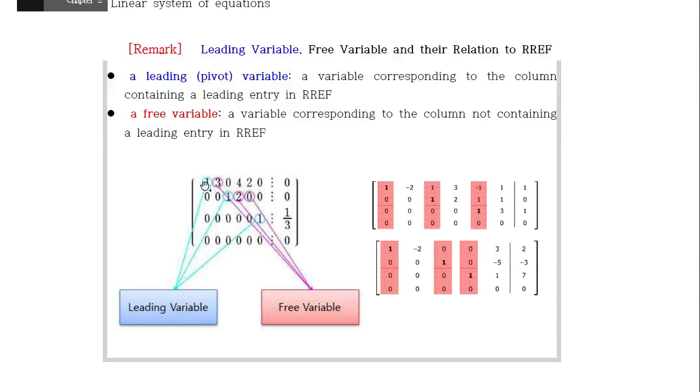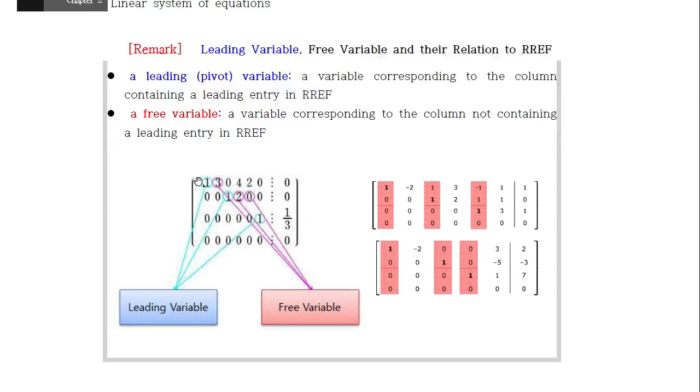For example, here in the columns 1, 2, 3, 4, 5, 6, these are the corresponding variables. Here these three are related to the leading variables, but there are three variables left. They are all free, like the r, s, t that you define. So we call these three variables free variables.